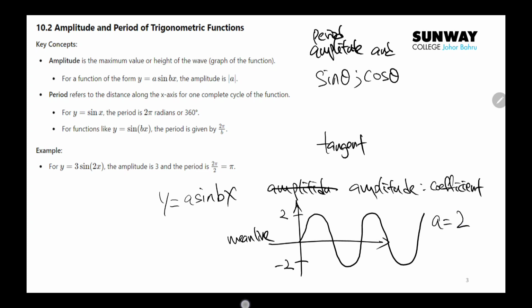In sine and cosine, the relationship between period and this value b is that period is equivalent to 2 pi over b.